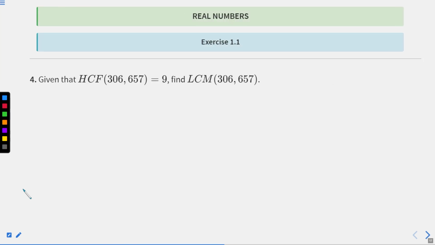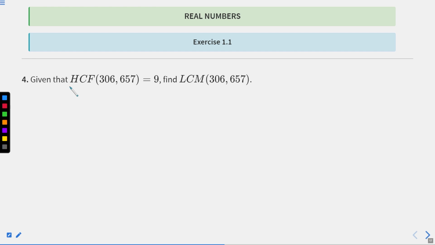And next problem. In the next question, I have given that the HCF of 306 and 657 is equal to 9. So we have been given the HCF, and here we have to find the LCM of 306 and 657.